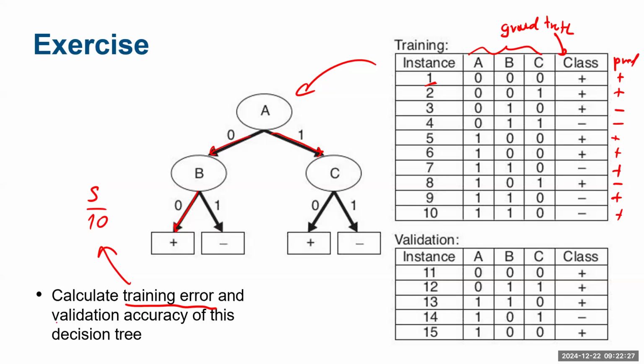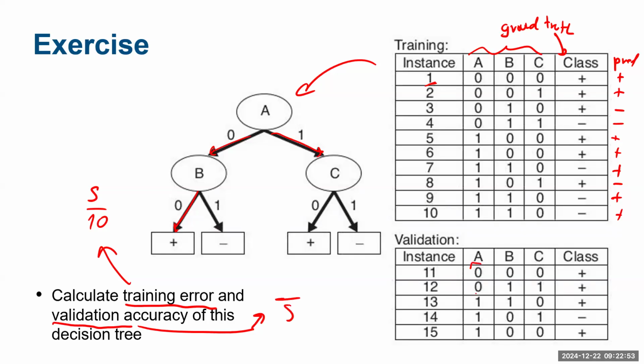What about the validation set? Right on the bottom. So for the validation set, I have 5 data points.